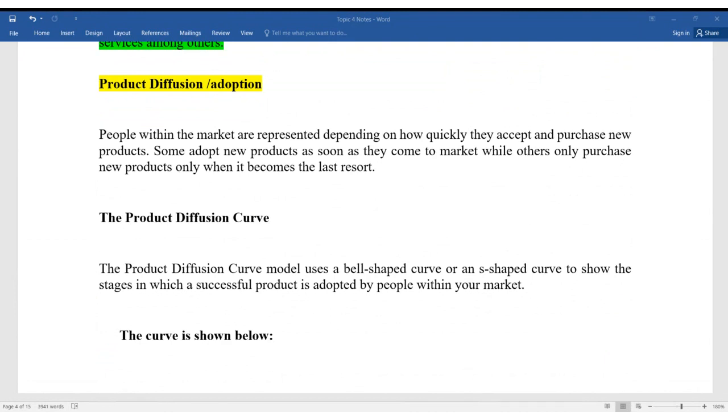Now, let me show you that curve, the product diffusion curve.